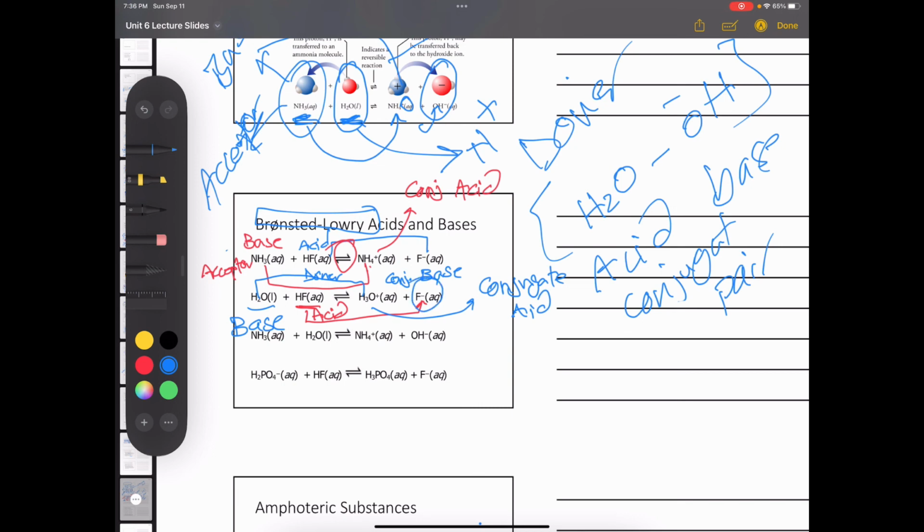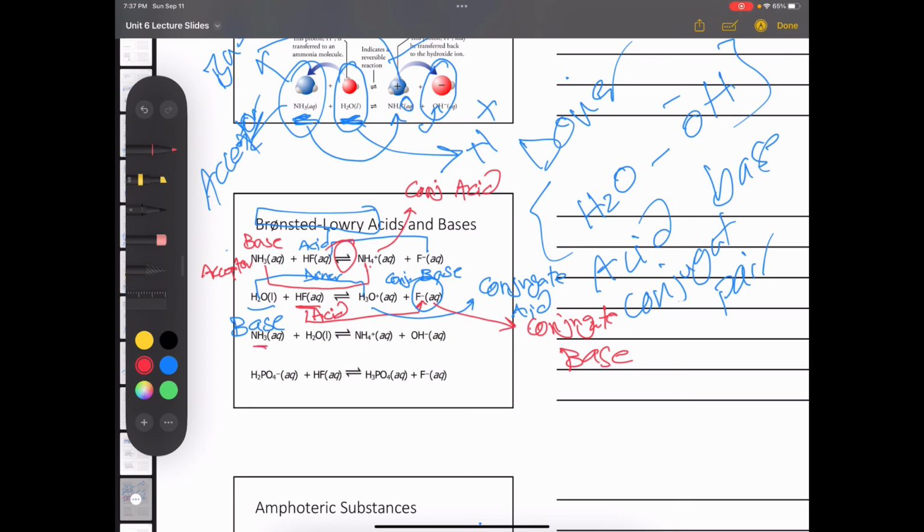It makes the fluoride the conjugate base, because if the proton goes back to the fluoride, it will form the acid back in the reactants. Okay, so the fluoride and the hydrogen fluoride are an acid-base conjugate pair.